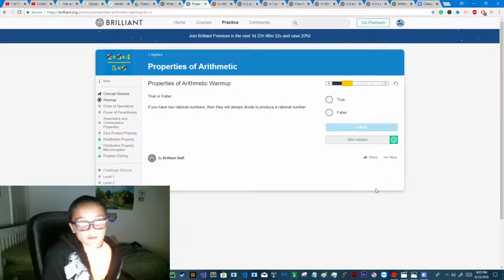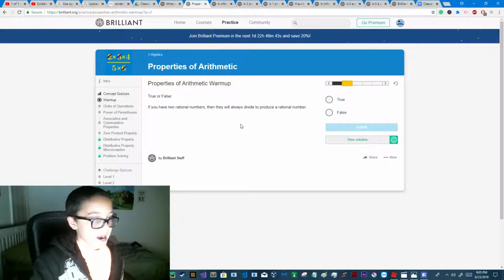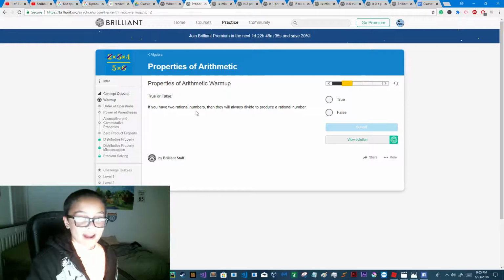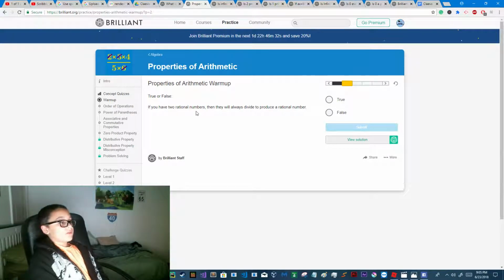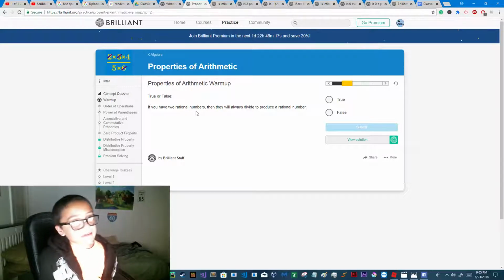If you have two rational numbers, then they will always divide to produce a rational number. No. Wait. So let's take pi, which is a rational number. Oh, rational numbers. What's a rational number? 7.5. 7.5 divided by 3.5 would be, I think, like 3.525.